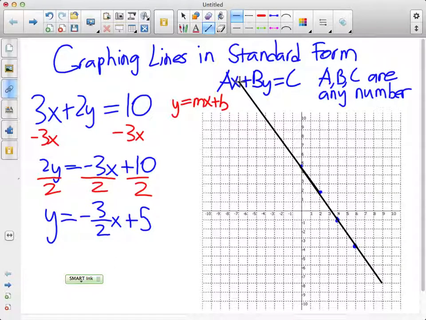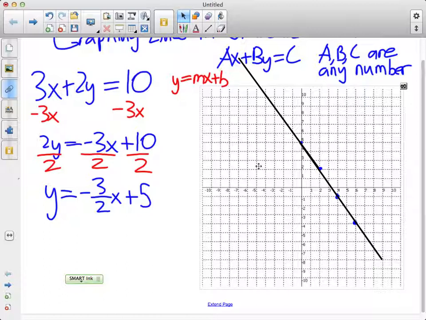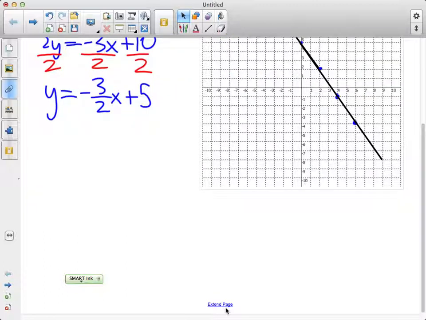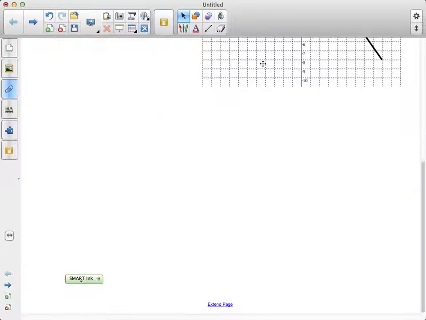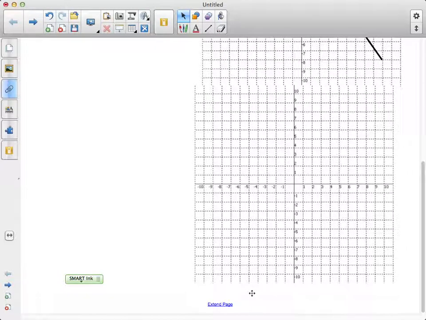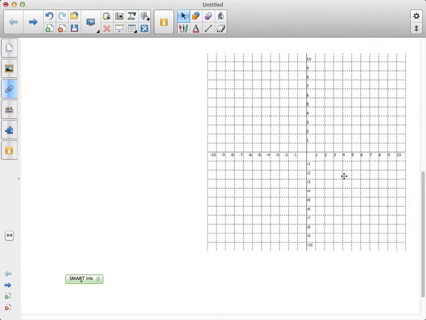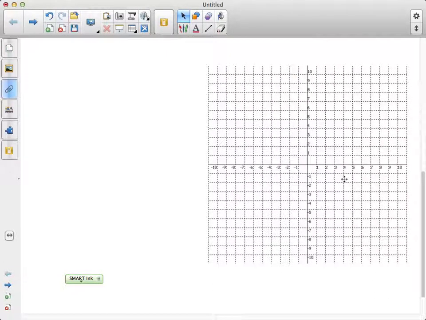Right? So converting to slope-intercept form will always involve 2 steps. We will have the step where we subtract the x term from both sides, and the step where we divide by the coefficient of y.